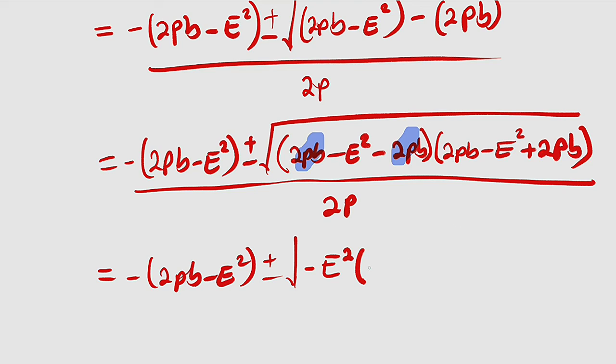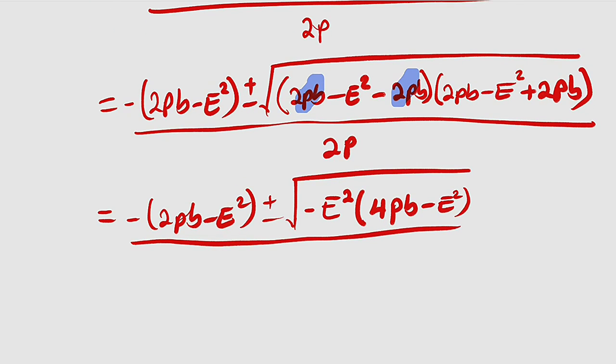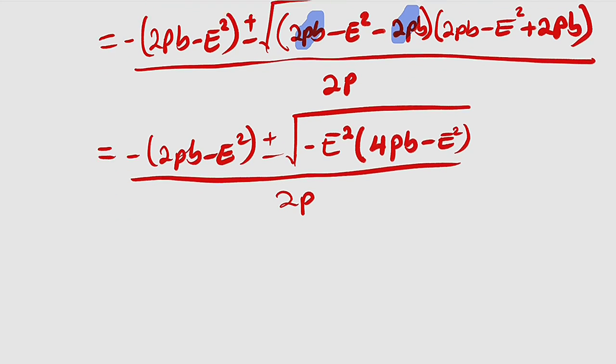multiplied by (4PB minus E squared), the whole of this divided by 2P. If you like, you can expand again.